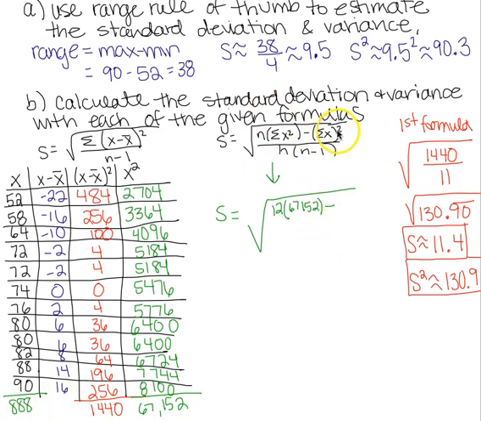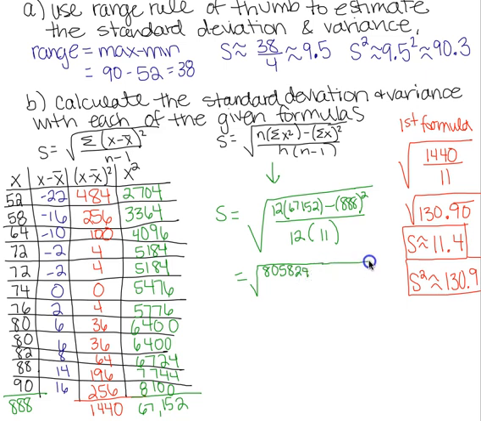I then need to take that to the second power. So 888 to the second power, and this is all divided by 12 times 12 minus 1, which is 11. So as I simplify then, the 12 times the 67 number gives me 805,824.